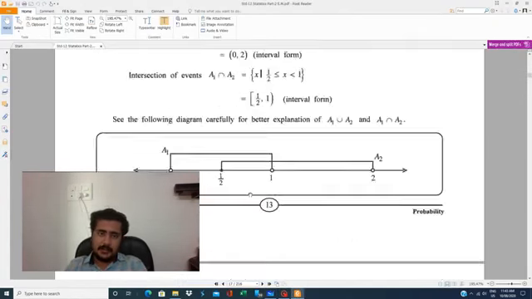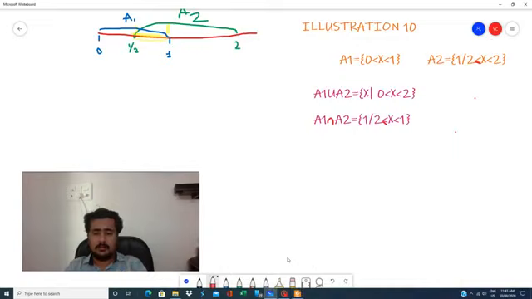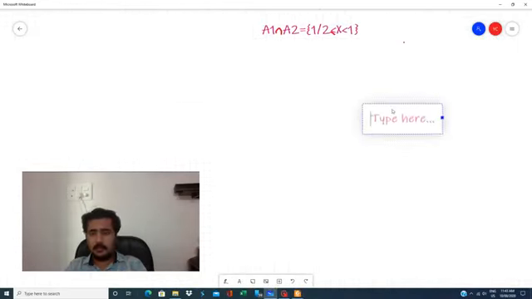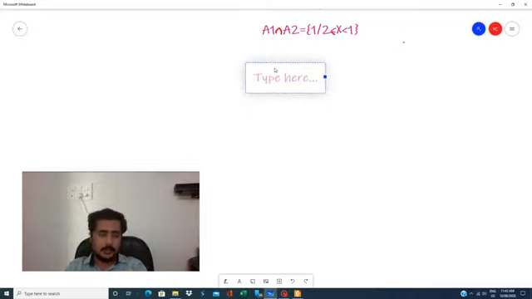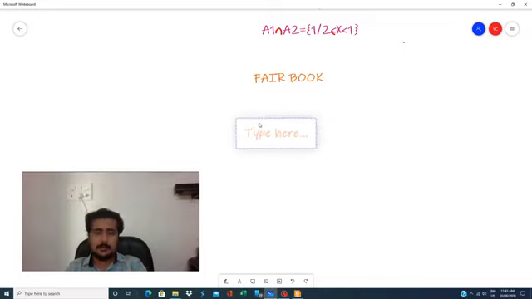So we have completed exercise 1.1. Now there is work for you all. You have to prepare a fair book. In that fair book, you will start from events.